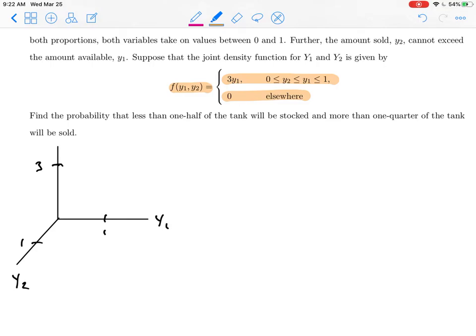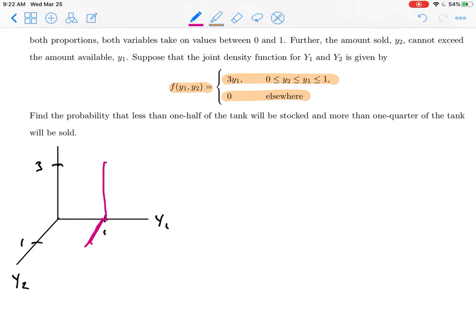So let's get a little bit of a handle on what this graph looks like. The largest value y1 could take on is 1. When our value of y1 is 1, the value of our density function is going to be up there at 3. And the value of y2 can only go up to the value of y1.